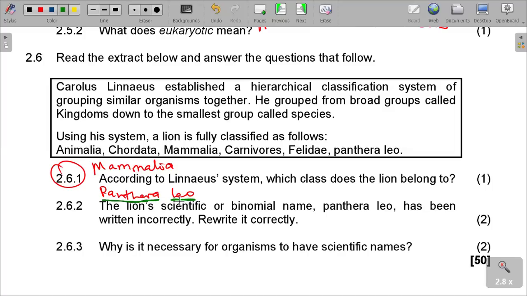That's what you should write there. It just needs to be underlined. That's how to write it correctly.